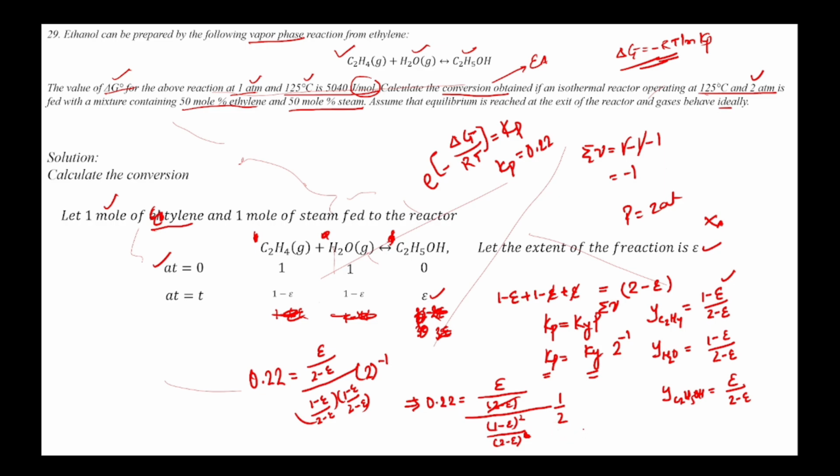Now when you calculate this, 0.44 is equal to E times 2 minus E over 1 minus E whole square. This final term will come. Okay.